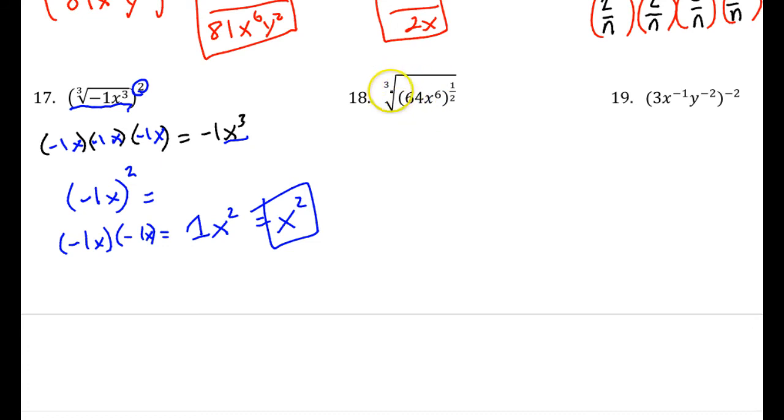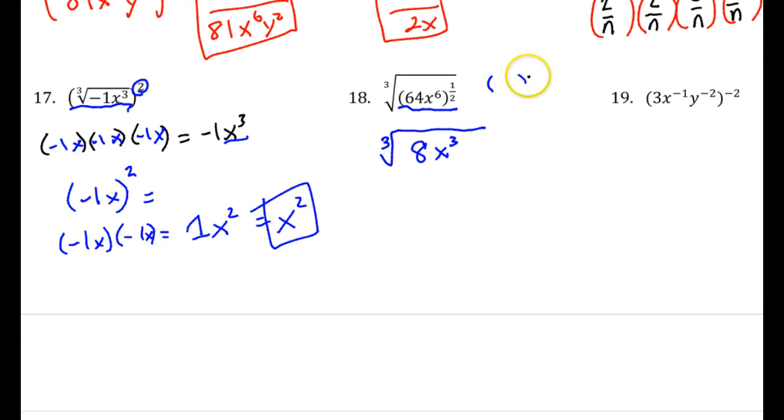Okay, let's do the third root of 64x to the 6th to the 1/2 power. A couple ways of doing this. About order of operations, we can take the square root of this pretty easily. Let's start that way. We'll have the cube root, and the square root of 64 is 8, and the square root of x to the 6th, or 6 times a half, would be 3. Okay.